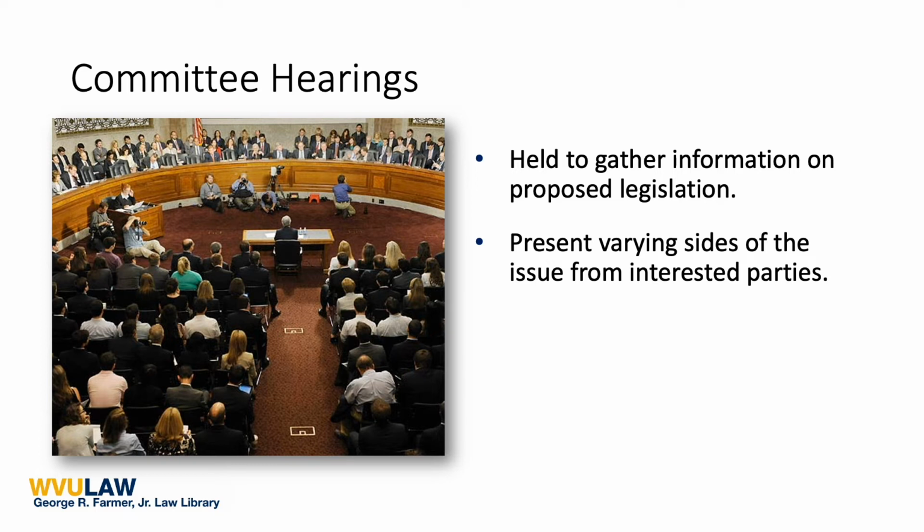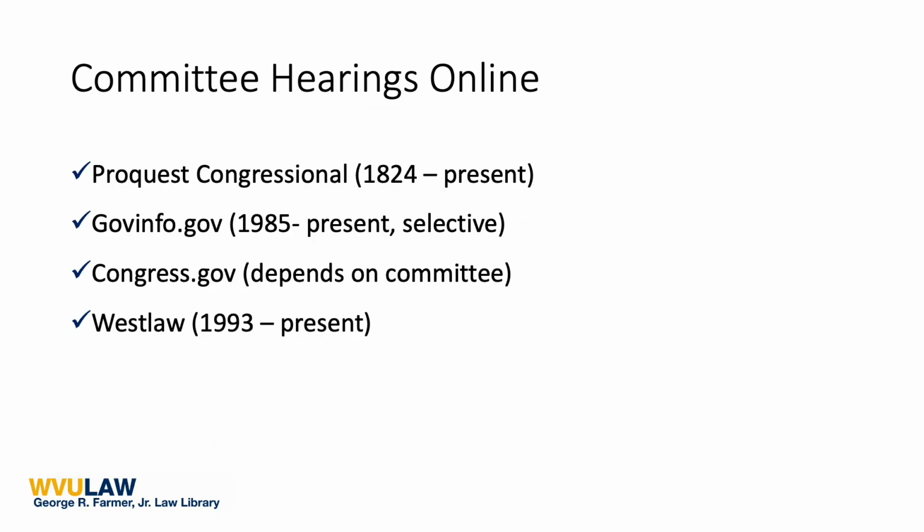This impacts the overall persuasiveness of a hearing transcript as a secondary source. Regardless of their persuasive value, transcripts are very informative as to what information the committee had at their disposal during the decision-making process. Hearing transcripts may be found at congress.gov, govinfo.gov, on ProQuest Congressional, and Westlaw.